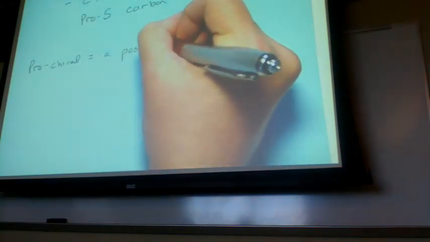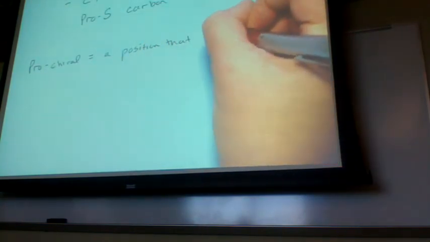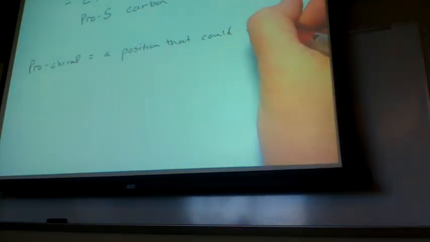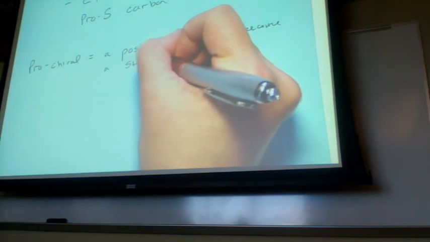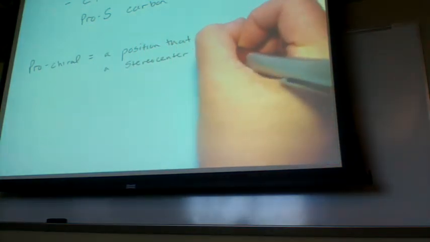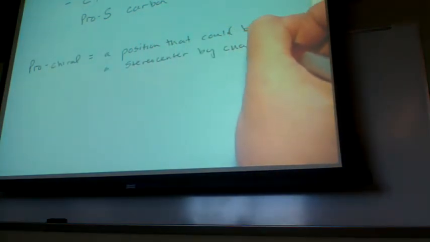So, prochiral is a position that could become a stereocenter by changing the priority of one group.